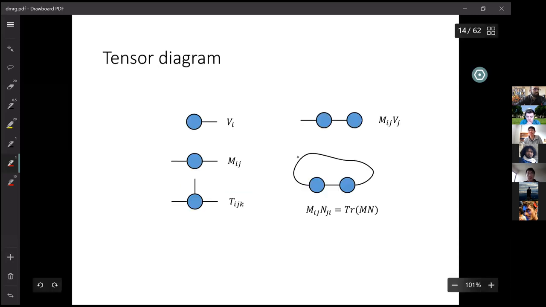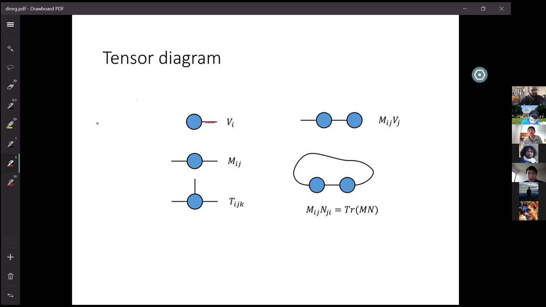Thanks. Okay, great. So now to better understand DMRG and iDMRG and why they work, we will introduce the tensor diagram. It's just a convention or language. So you see here, I draw this little blue dot. That's a tensor, and there is a line coming out of it.